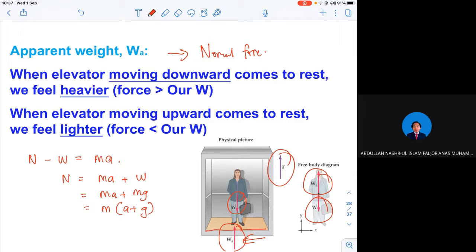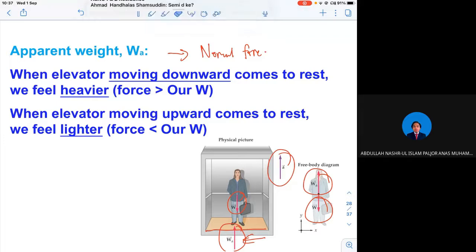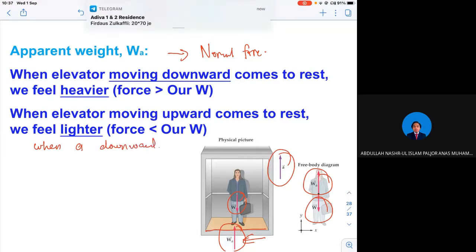All right, so let's look at how we can derive it when the acceleration is going down. What happens when the acceleration is going down? When A is downward, W minus N is equivalent to MA.